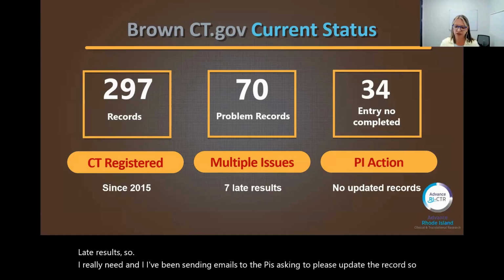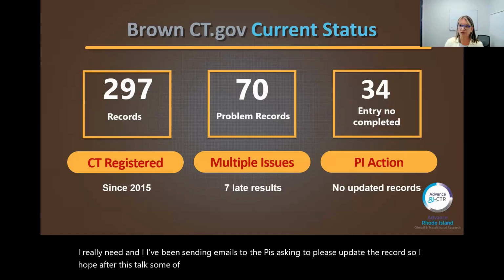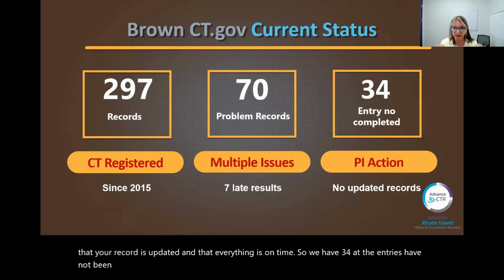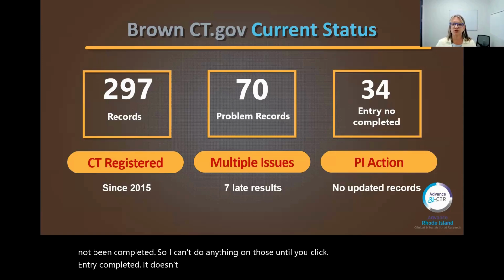I hope after this talk, if some of you have records in ClinicalTrials.gov, please go and check that your record is updated and that everything is on time. We have 34 where the entries have not been completed. I can't do anything on those until you click entry completed. It doesn't move to the next level. So please help me with this.